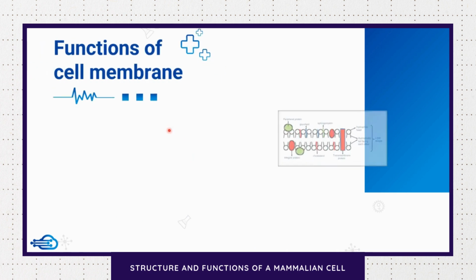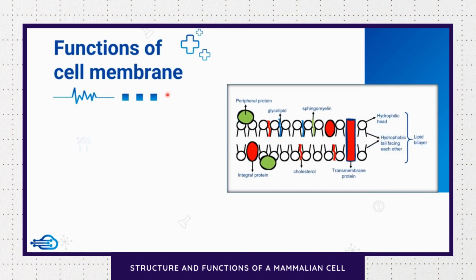So, what are the functions of the cell membrane? First of all, you see that the cell membrane is actually separating the contents of the cell from that of the outside. So, it is acting as a barrier, separating the cell contents from that of the surroundings. But no cell lives in isolation. So, this barrier is actually a selective barrier.